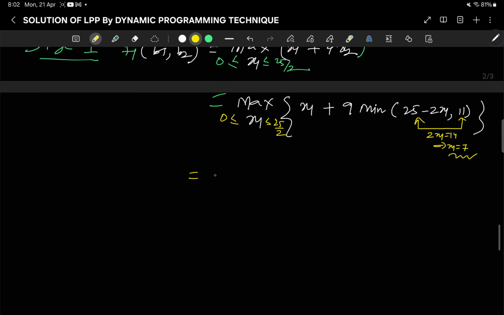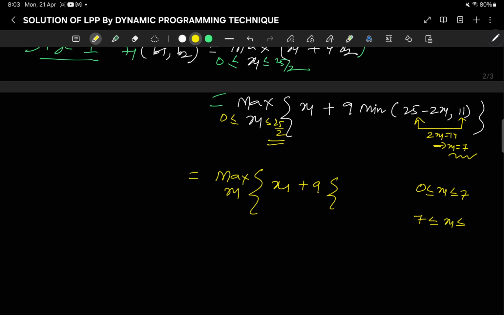Accordingly we split it: maximization over x1 of x1 plus 9 times the minimum, in one range 0 less than or equal to x1 less than or equal to 7, and in another range 7 less than or equal to x1 less than or equal to 25 by 2.